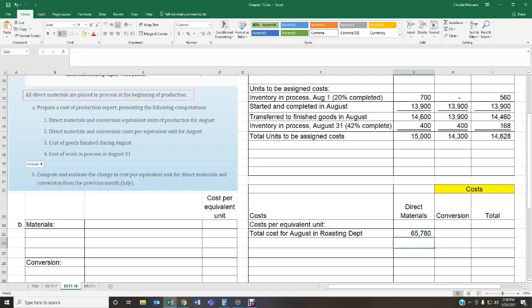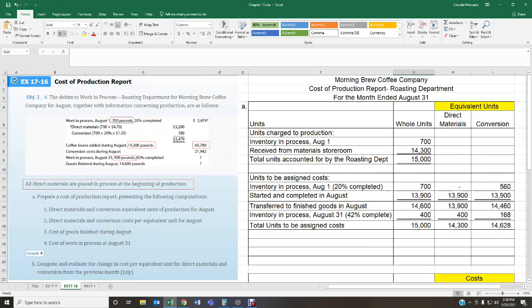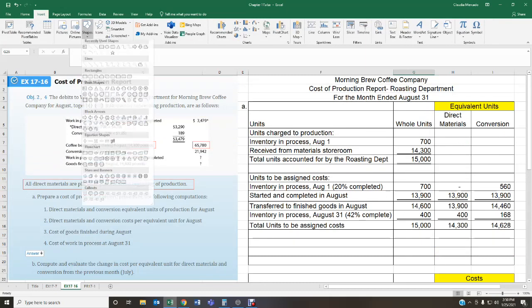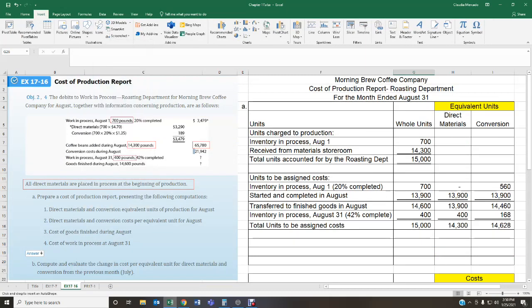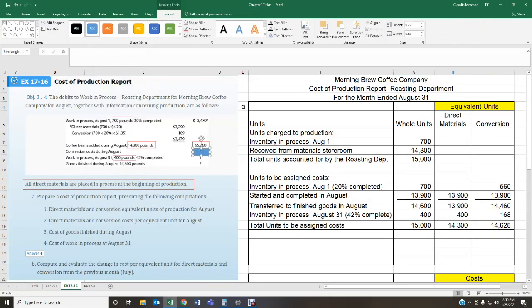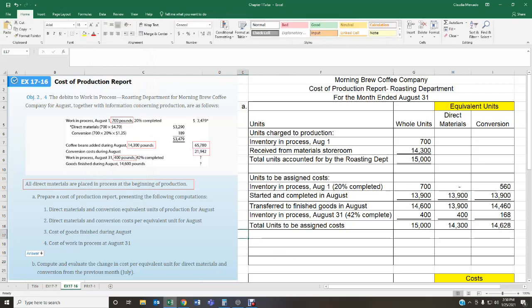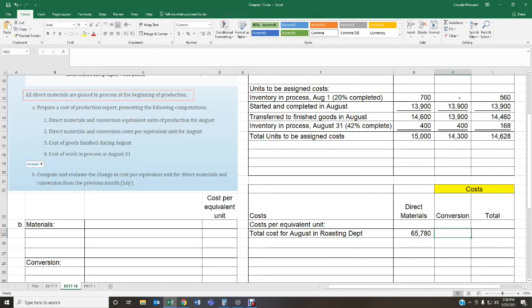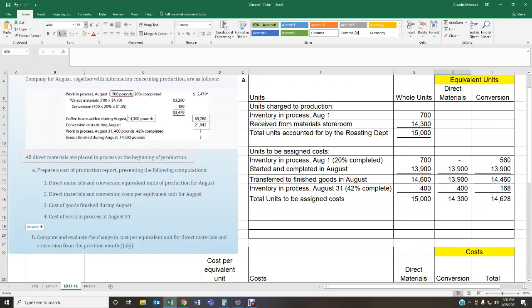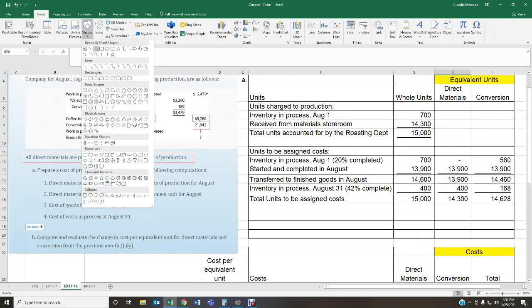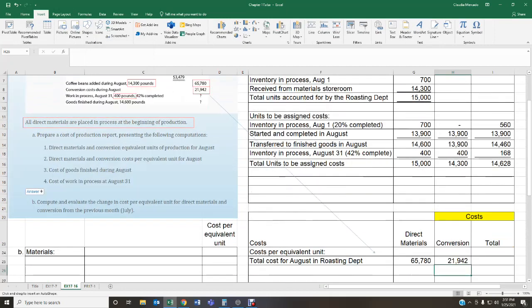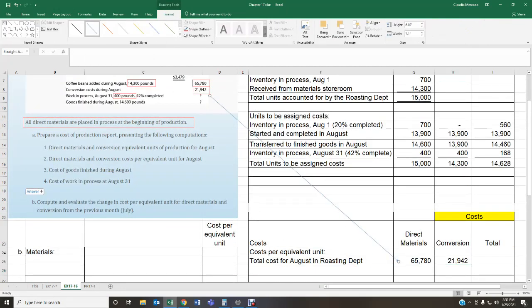Okay? Your conversion costs were given to you as well. Okay? If you look right below, we've got conversion costs during August of $21,942. Okay? So those are given to you in the problem. Let me mark that over here. That way you know where I'm getting those numbers.